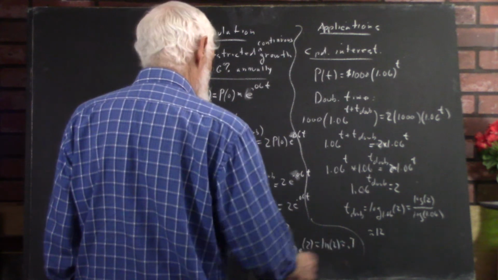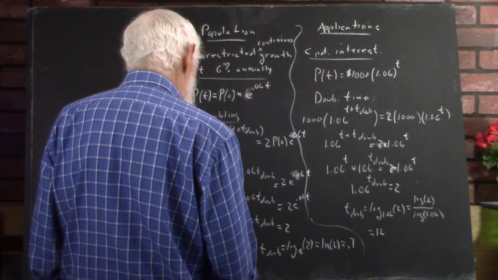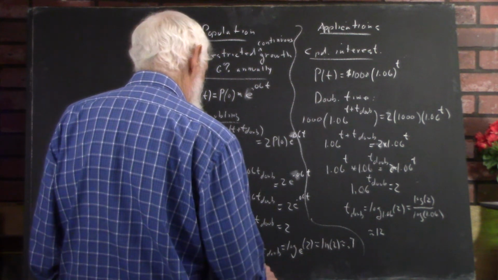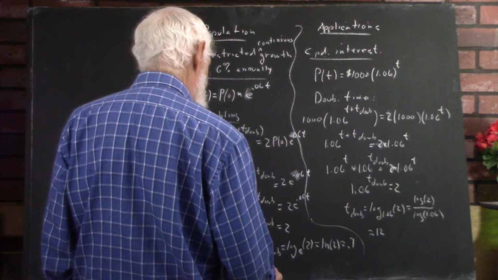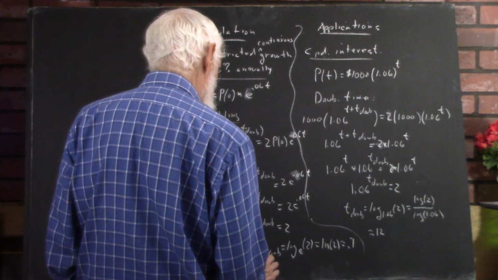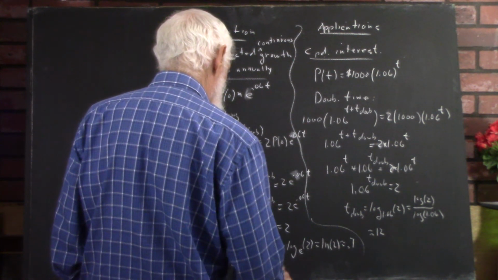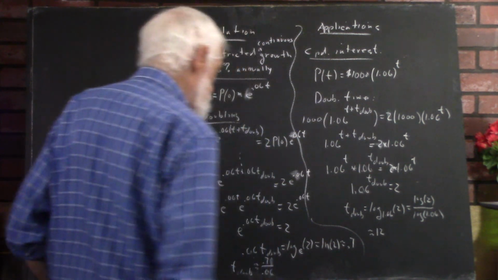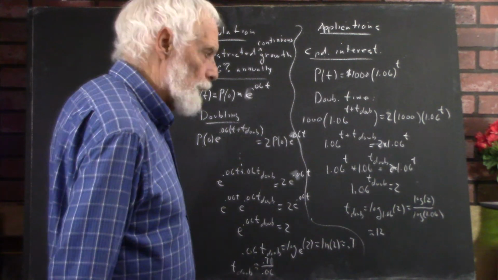Okay, so anyhow, you get this, so that t dub is about 0.7 over 0.06.